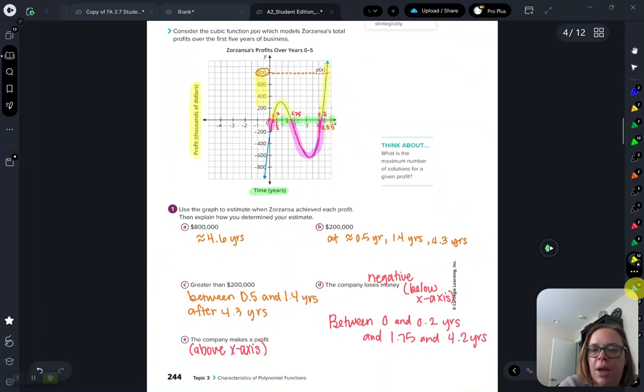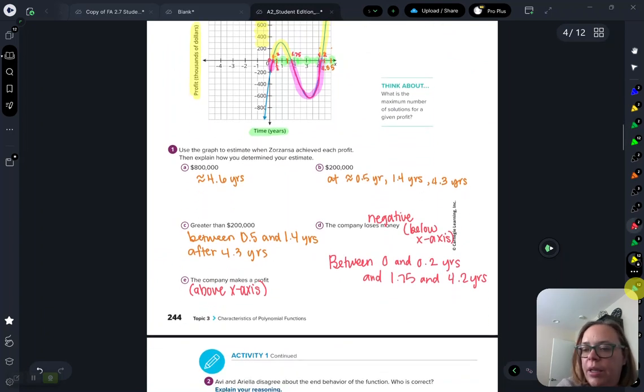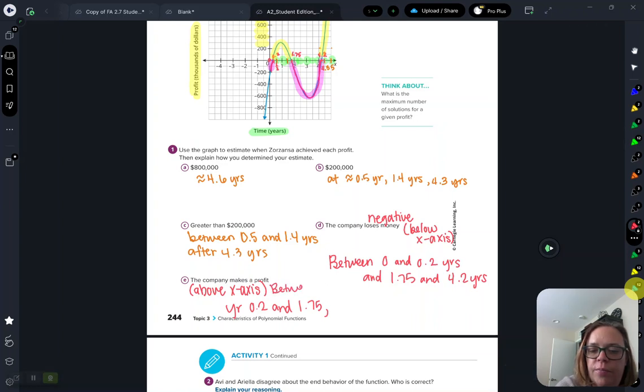So that would be between year 0.2 and I'll just use the numbers I used before, 1.75, between, and year, well, not between, we'll say above or after year 1, no, that's a 4.2.